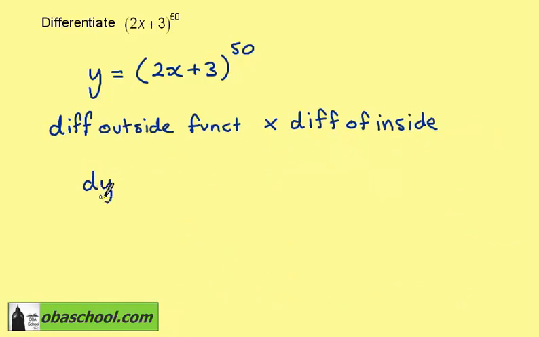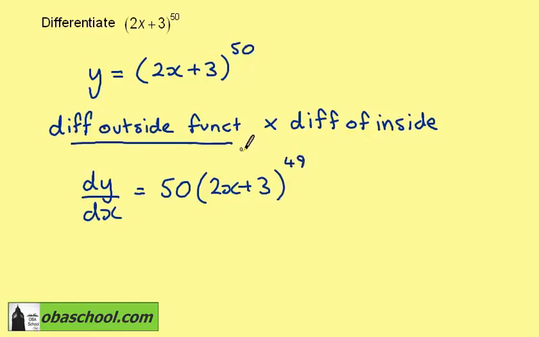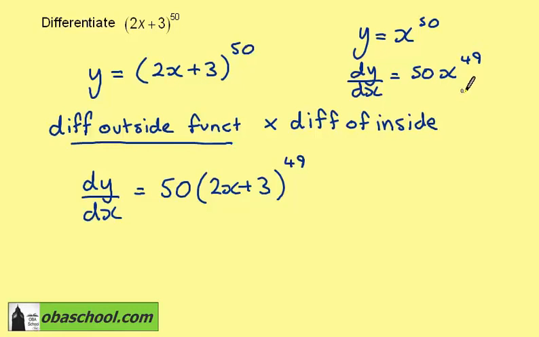We differentiate the outside function. Remember, treating the inside function as if it's just x. So basically we differentiate treating the bracket as if it's an x. We know that if we had y is x to the 50, dy/dx would be 50x to the 49.